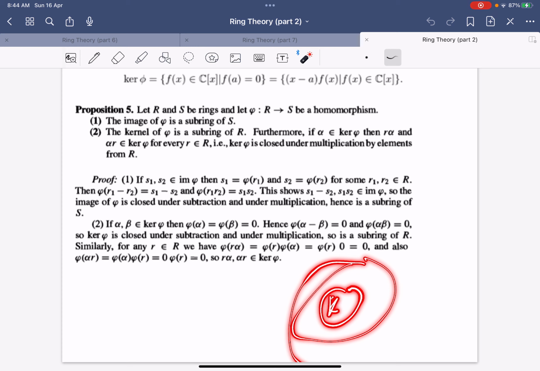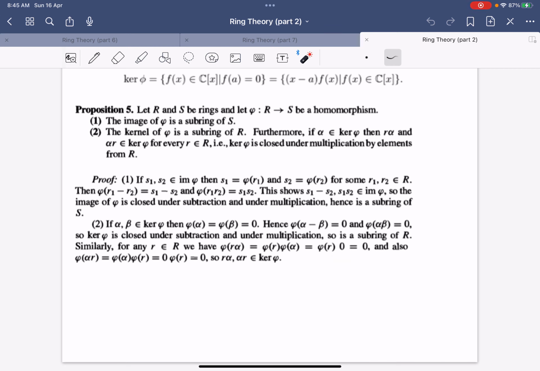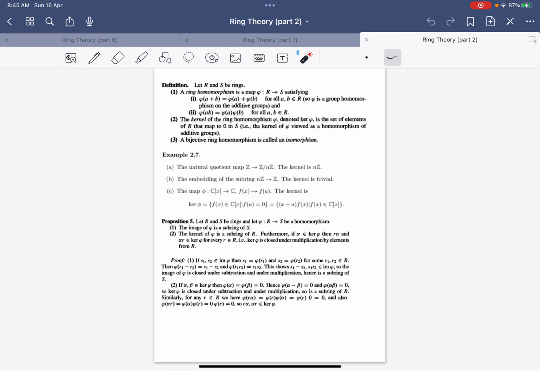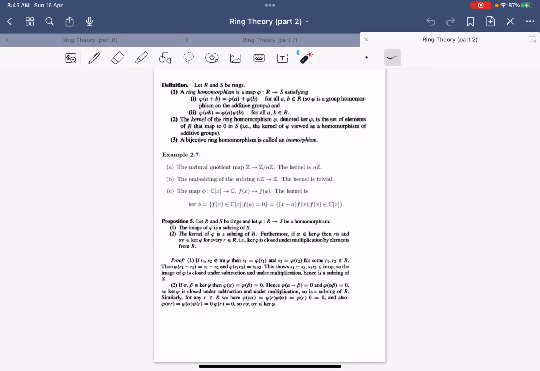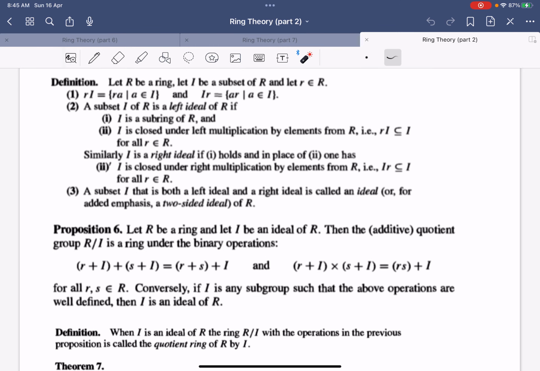And the kernel is a subring, so it's closed under its own multiplication. But not only that, the kernel is closed under multiplication by all the elements in R. So this property is something that we can utilize to define a kernel. And really, that is saying this.